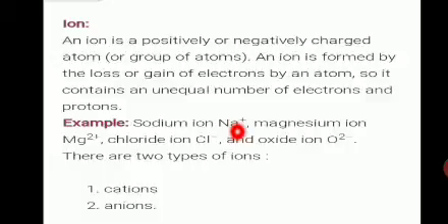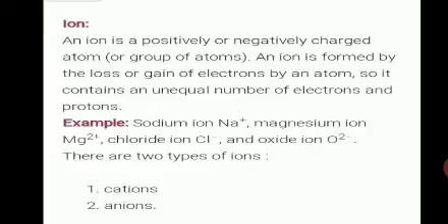It can be positive or negative. Oxide ion, O2 minus. I will explain how this 2 and plus comes. So you have to remember these are formed either by the loss or gain of electrons. Inside an atom there will be electrons, protons and neutrons.